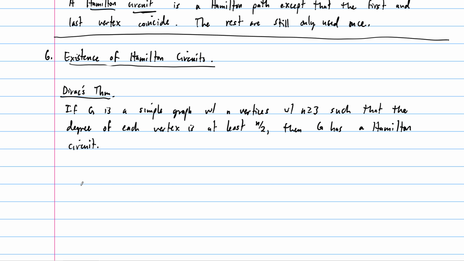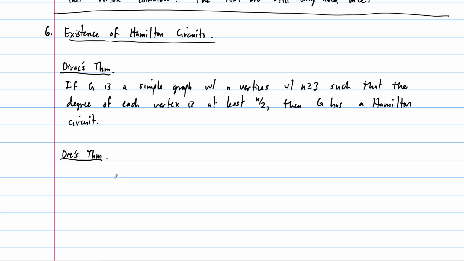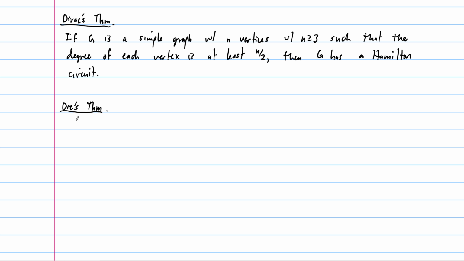All right, the other theorem is a little stronger. This is Ore's theorem. And this one says, so kind of the same, so same G. In this case, G will be a simple graph. n greater than or equal to 3, that's the number of vertices. Same deal, right? So this time, here's the condition, right?